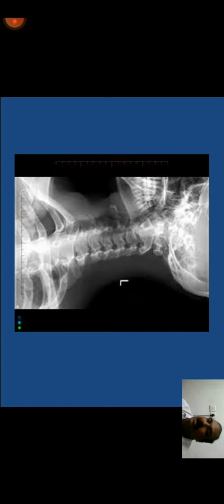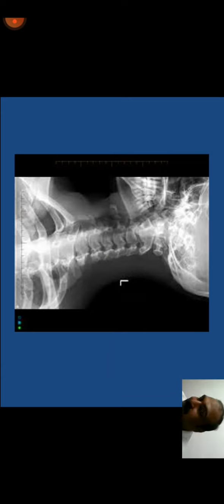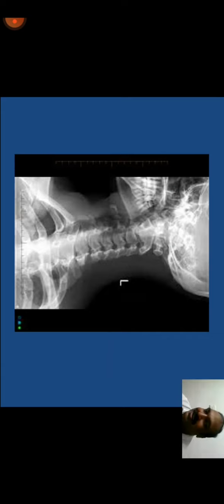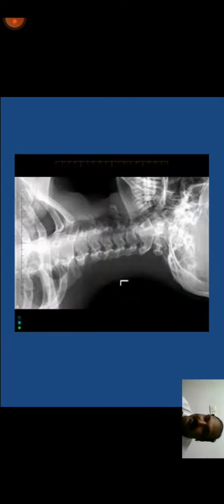Right. Then, any other finding? Cervical radiculopathy. Cervical radiculopathy is clinical. It's a clinical finding, isn't it? I'm specifically asking about the foramen narrowing. Excellent. Which foramen narrowing?